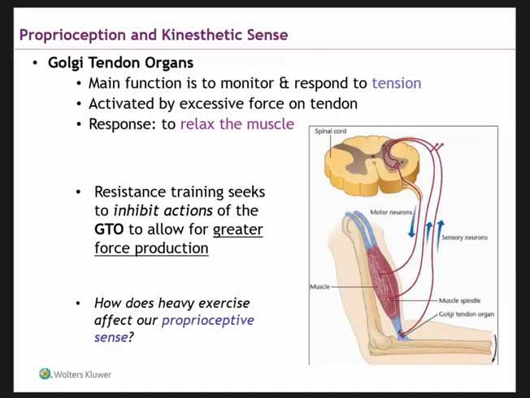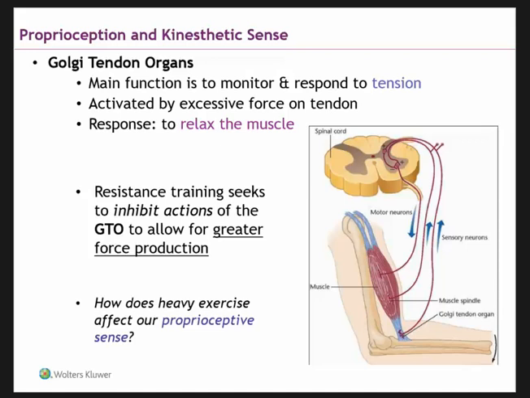So our proprioceptive sense of our body's position, it's affected by fatigue. The more fatigued we are, the decrease in our proprioceptive sense starts to occur. So the importance of training and conditioning and becoming more trained over time is to reduce fatigue during exercise.